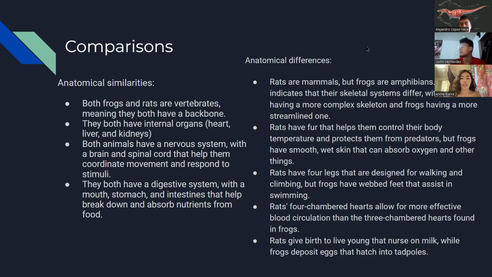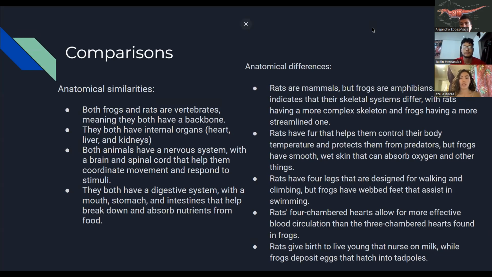So for the differences between the rat and the frog, rats are mammals while frogs are amphibians, which indicates that their skeletal systems differ. Rats have a more complex skeleton, while frogs have a more streamlined one.